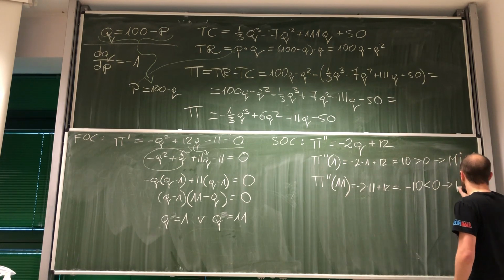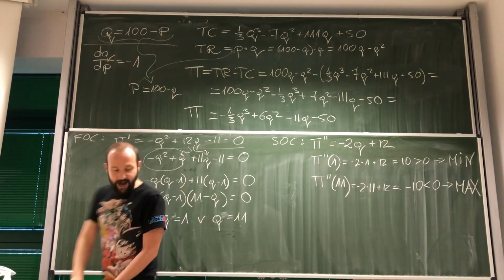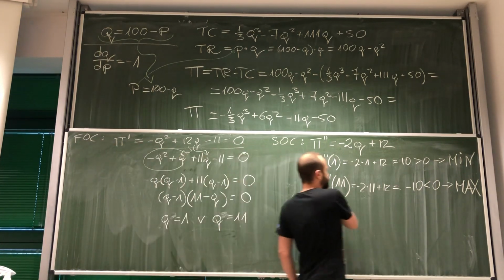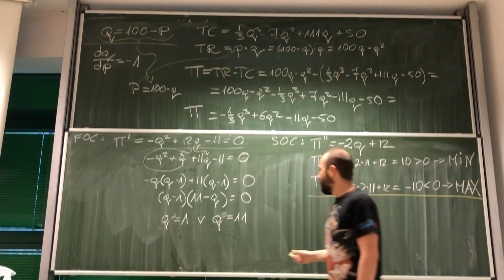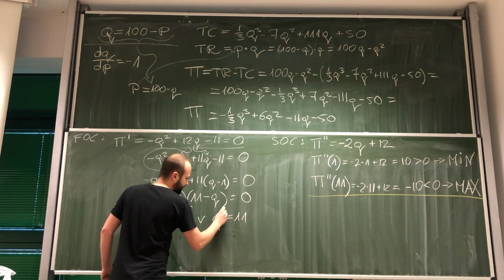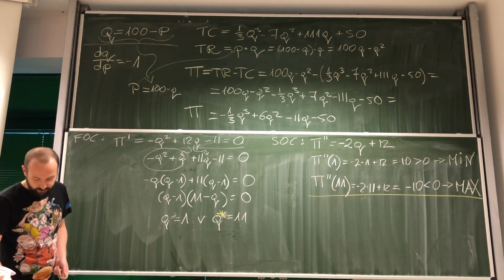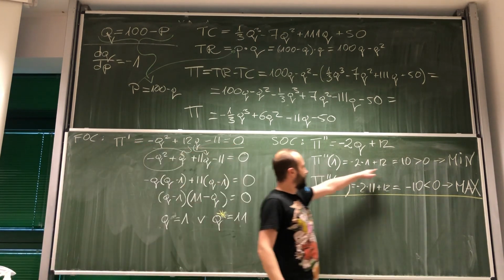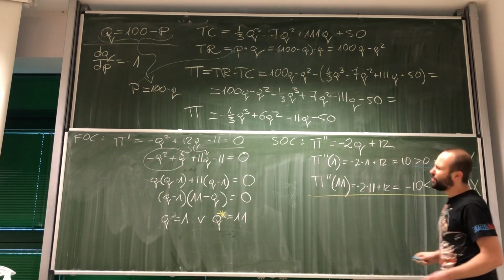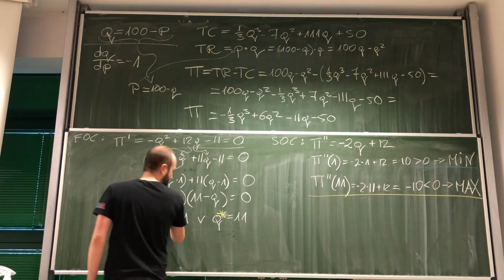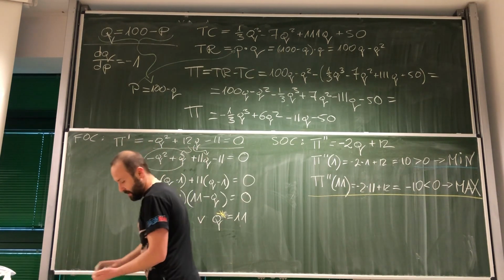So it means that this is our maximum. So when the level of production is equal to 11, we have a maximum. And because here we have a minimum, we should disregard this option.